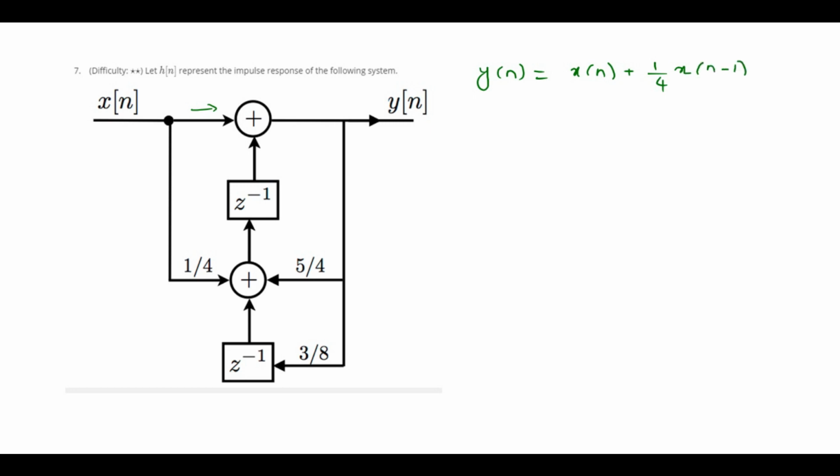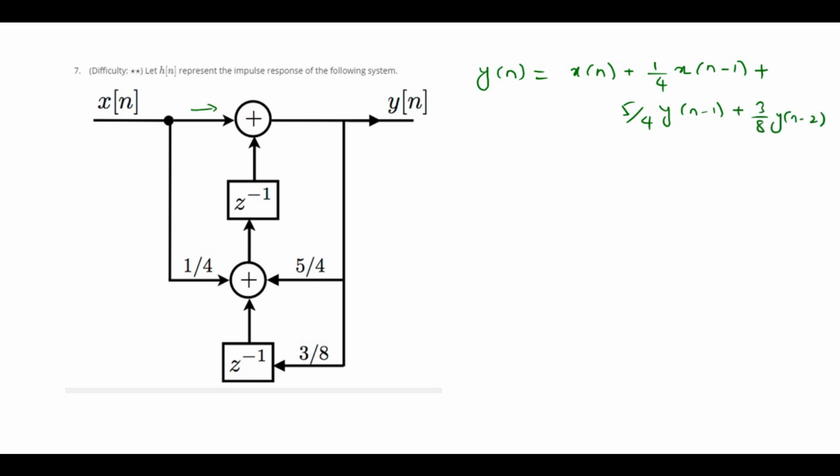These two relate to the input, and the feedback paths are plus 5 by 4 y of n minus 1 plus 3 by 8 y of n minus 2.